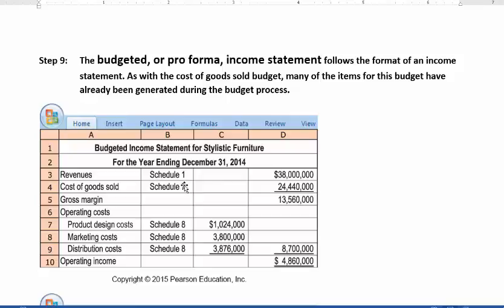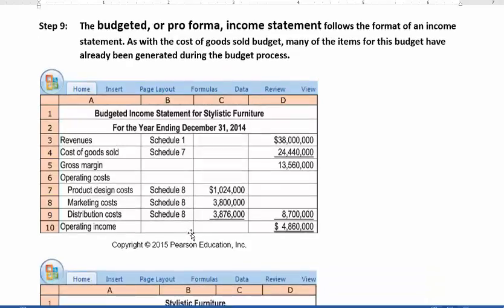All of those got tied in together to give us a per unit cost of goods that can be multiplied times the number of units sold for the period. Of course, we subtract that from revenues in order to get gross margin. And then we've got our operating cost and expenses that come from our other budgets, research and development, distribution, all kinds of other things. And we would put those all on our income statement.